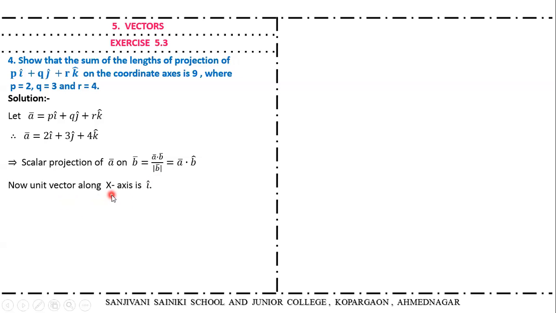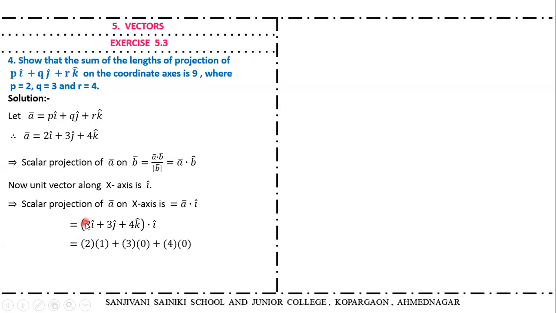We know that the unit vector along the x-axis is i cap, along the y-axis it is j cap, and along the z-axis it is k cap. So the scalar projection of a bar on the x-axis is a bar dot i cap. Taking the dot product with i cap, you get 2 into 1, 3 into 0, 4 into 0, so you get 2. The scalar projection on the x-axis is 2.